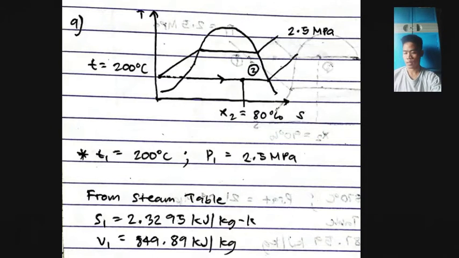our given values are T1 equals 200 degrees Celsius, P1 equals 2.5 megapascal, and from the steam table, S1 equals 2.3295 kilojoule per kilogram K, while U1 equals 849.89 kilojoules per kilogram.